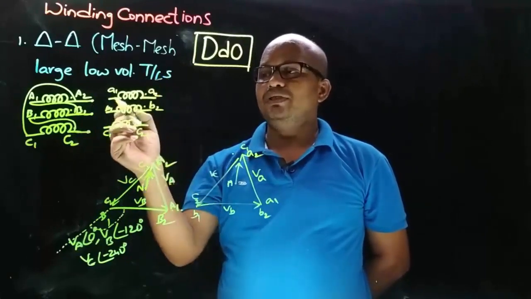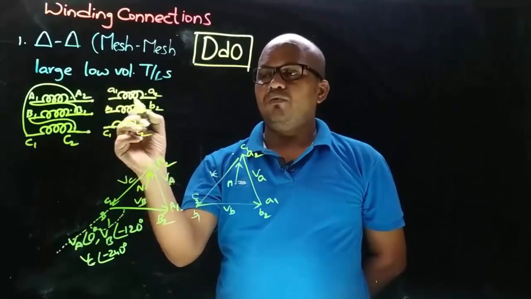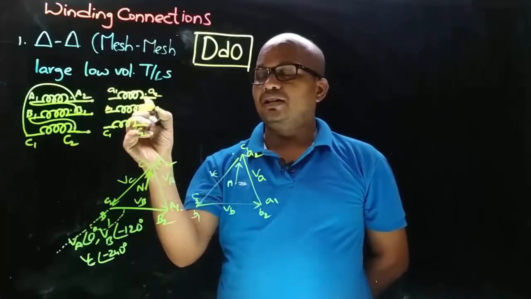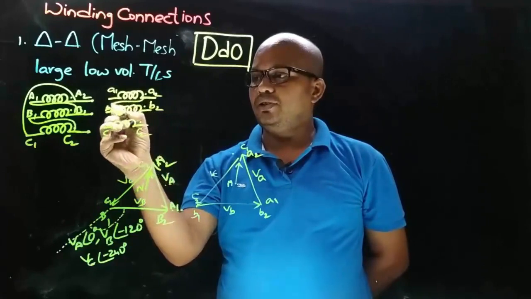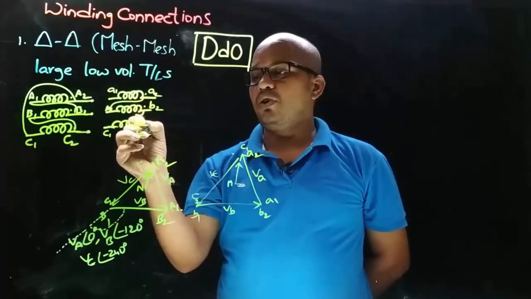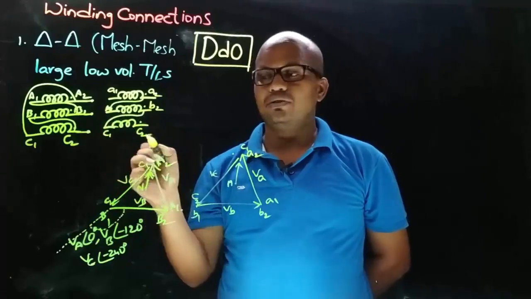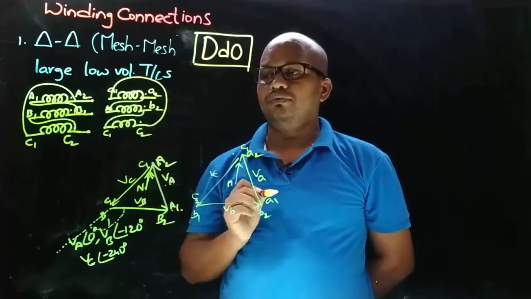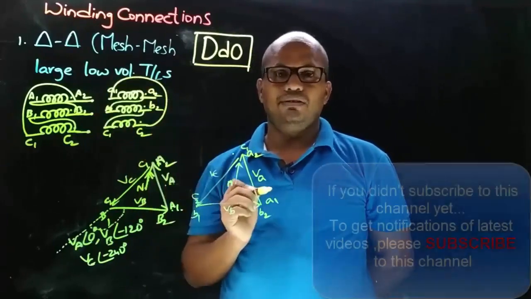Okay, so previously the non-dot end of one coil is connected to dot end of other coil, and here we are connecting the dot end of one coil with non-dot end of other coil, and similarly dot end of one coil is connected to non-dot end of this coil. So dot end of this coil is connected to non-dot end of the other coil.